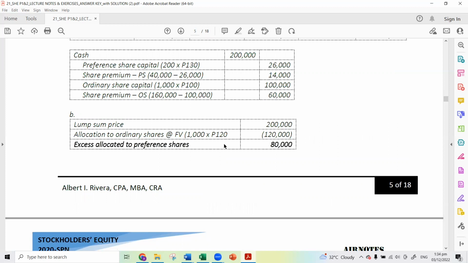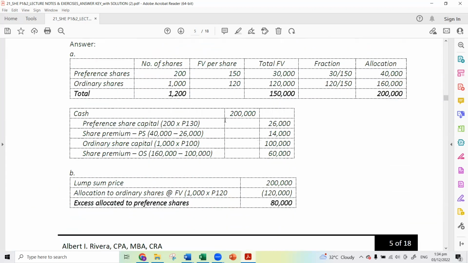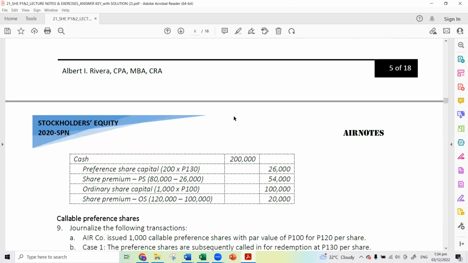The excess of the lump sum price over that assigned fair value is then related to the shares that do not have a determinable fair value. These are the illustrations related to this.